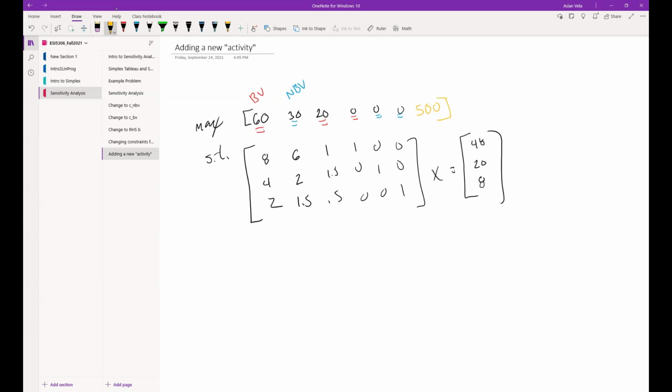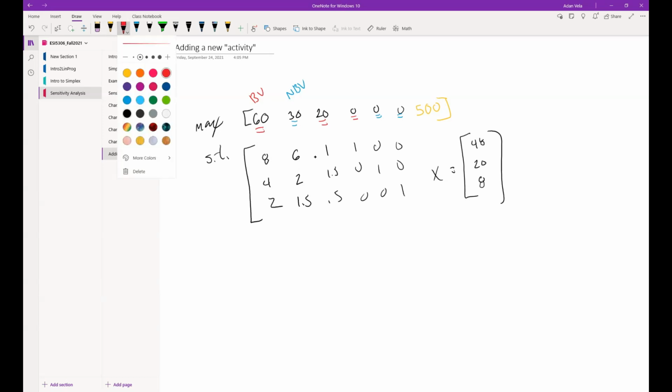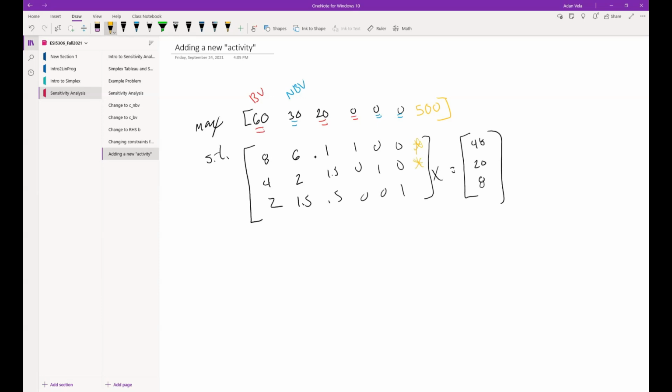But I'm still going to have to include the constraints associated with now making cell phones, because I still have material costs, labor costs, overtime costs. Okay. So that means we're going to be adding a new column here.